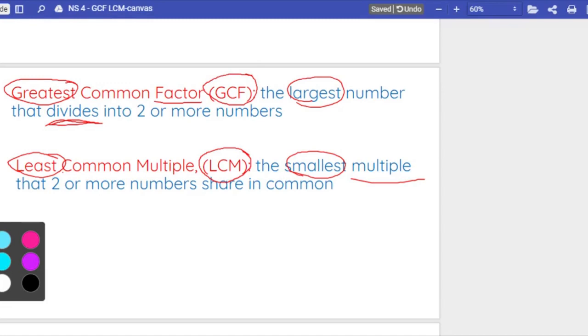So if we think of 3, 6, 9, 12, or 5, 10, 15, that skip counting is what multiples are. We're looking for the smallest multiple that two or more numbers share in common. Most of the time we'll just be dealing with two numbers.